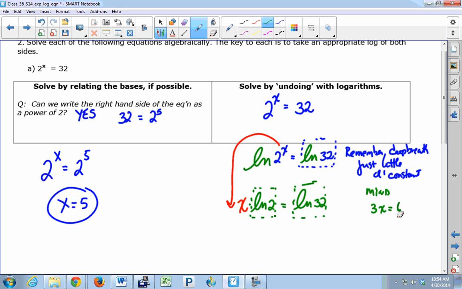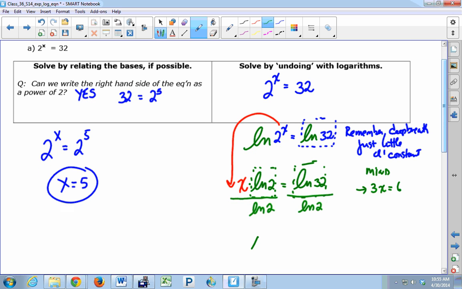So to undo it, you divide. Same thing here. What's the coefficient of x here? The coefficient of x, the constant factor, is natural log of 2. So in your mind, you can think this and say, what would I do to both sides? And that still applies. You divide both sides by the natural log of 2. And now you have the exact answer for your equation. It's the natural log of 32 divided by the natural log of 2.